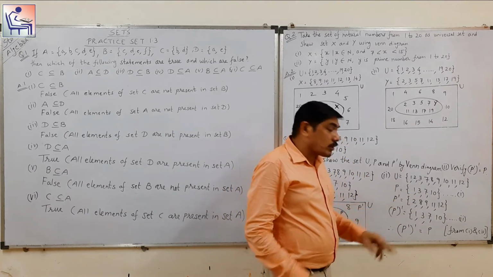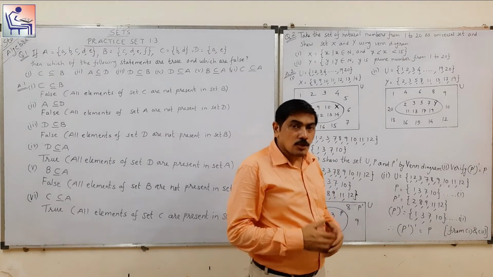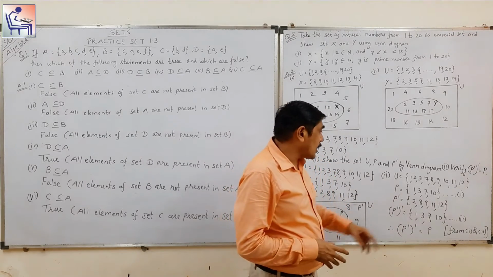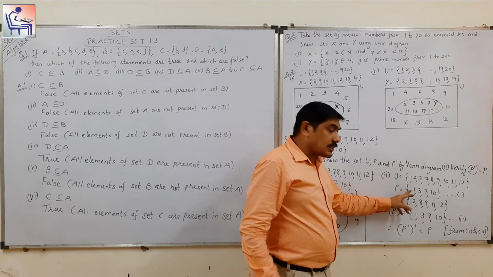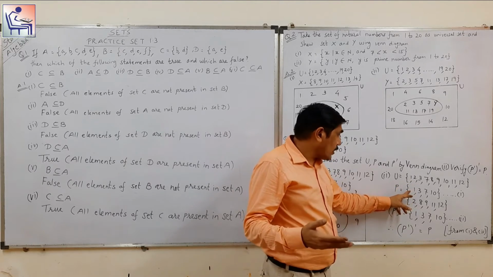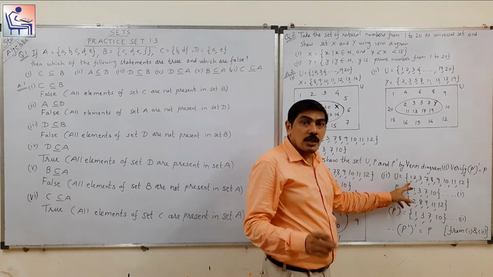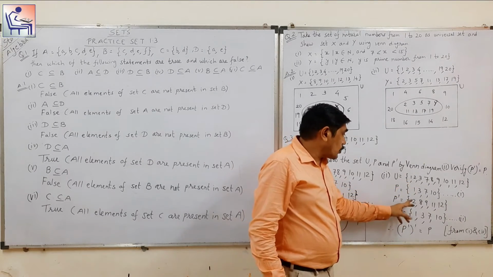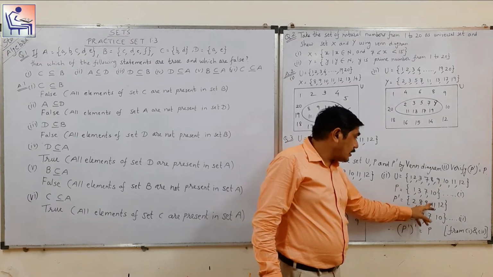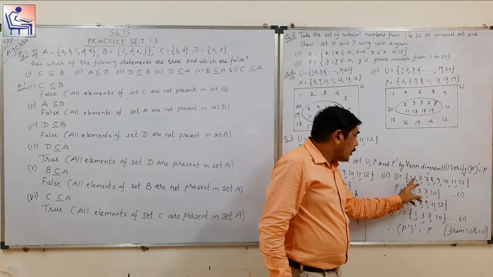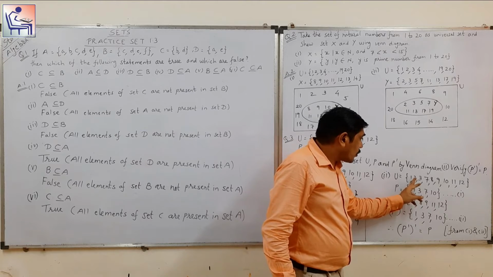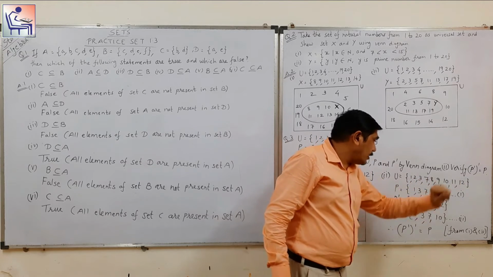Then we will find the P complement. So which elements will come in P complement? Those elements that are not in set P but are available in set U. So 2, 8, 9, 11, 12. Here you can carefully see that 2, 8, 9, 11, 12 are not in P, but here they are available in U: 2, 8, 9, 11, 12.